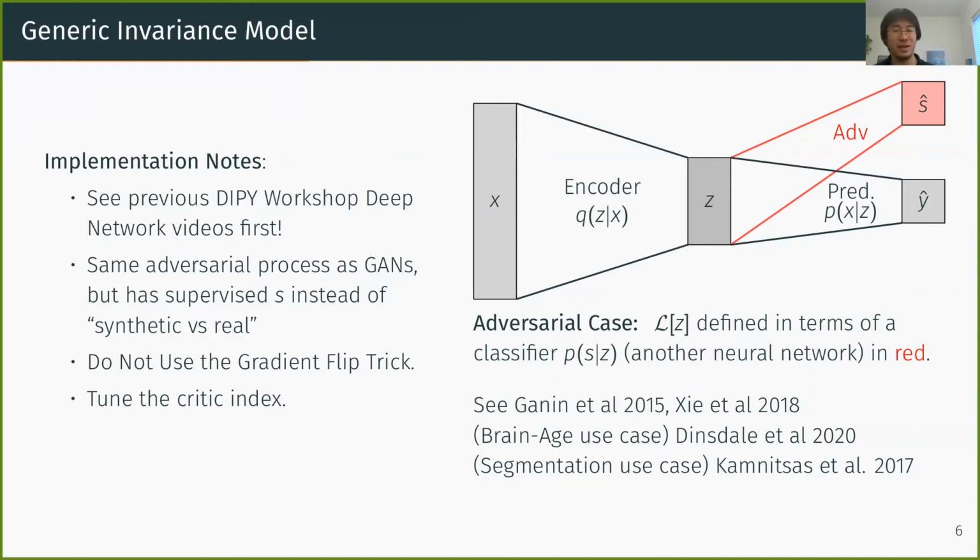Because if you can trick a foolish adversary, then that's not much to brag about at all, right? But if you can trick the best of all adversaries, then this is a better thing. So you want to tune the critic index, or the number of times the adversary receives training data versus the number of times the primary network receives training data. So yeah, these are just some implementation notes.